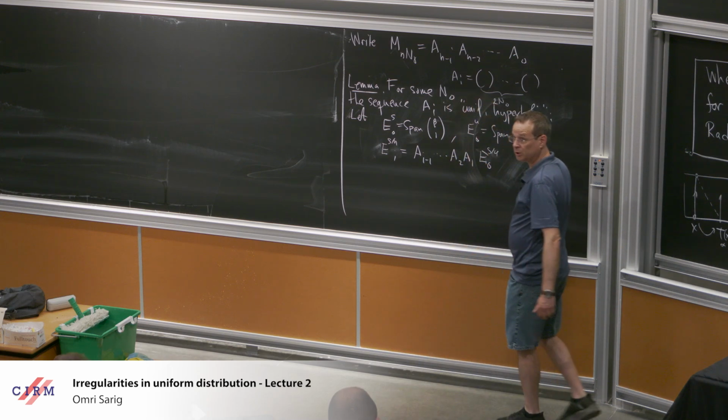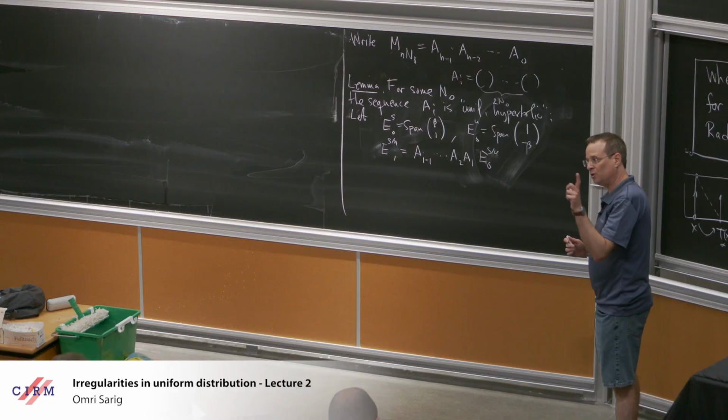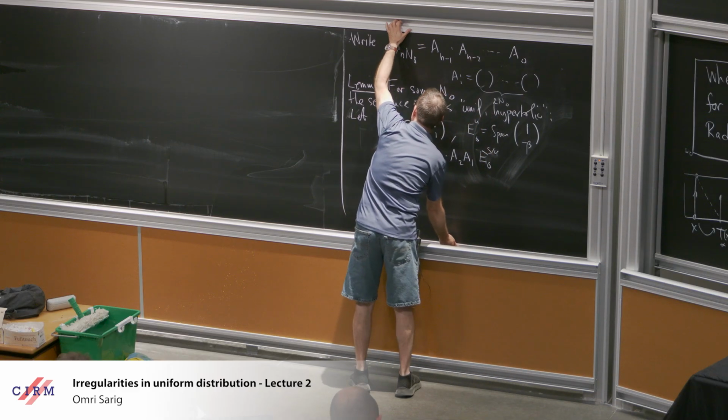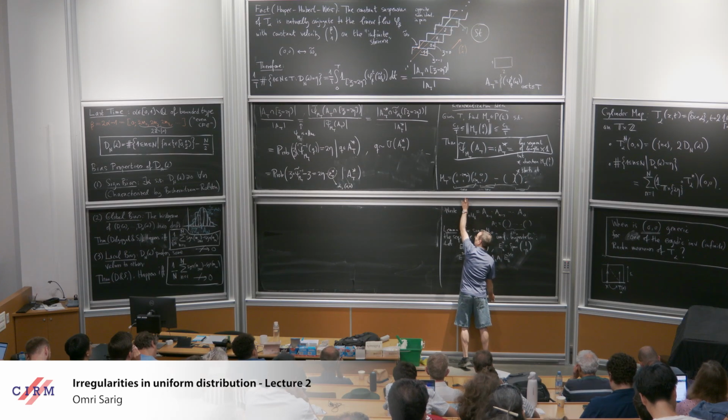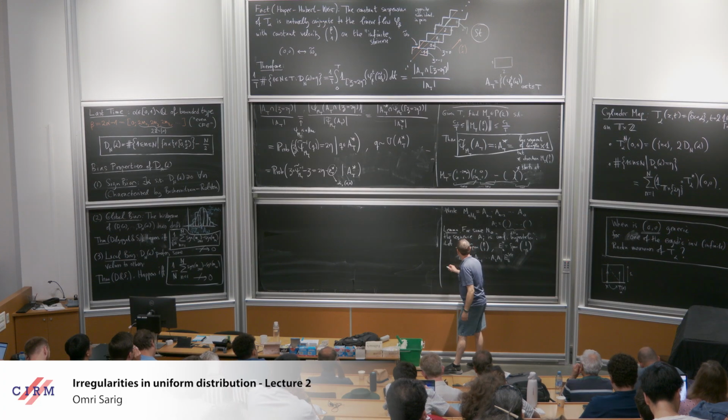Okay, I'm defining directions. A_0 maps the first pair of directions to the second one. I'm defining a sequence of directions. And then the statement is that this behaves like the stable and unstable direction of a hyperbolic cocycle.